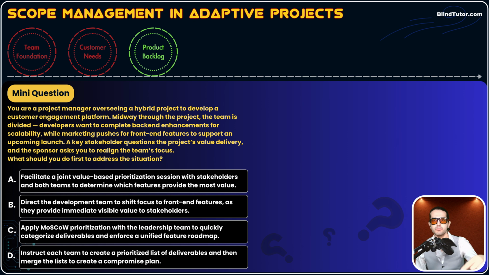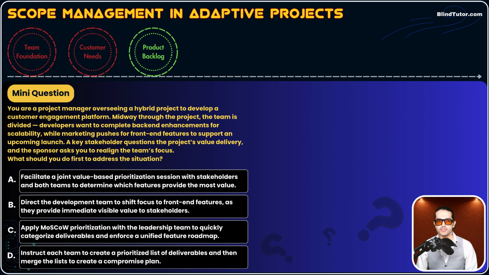Option A has some portion of MEAT. Option C has a strong negative word. Enforce. Enforce is a very bad word. We don't enforce as project managers. No. Who are we to enforce something? This is not the way we manage projects. So that's why option C will be eliminated.